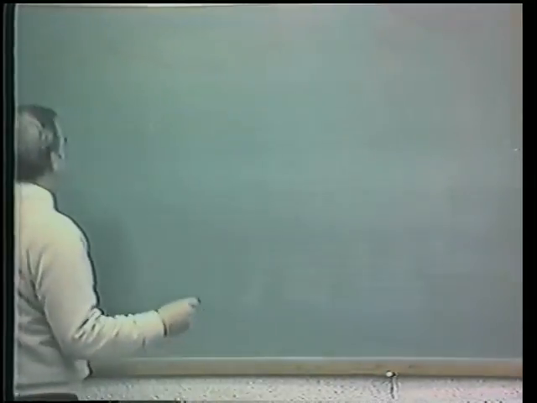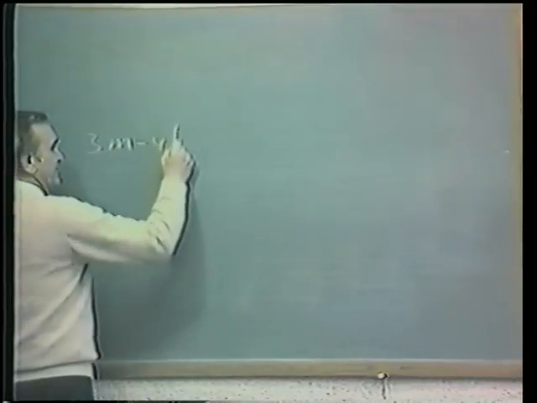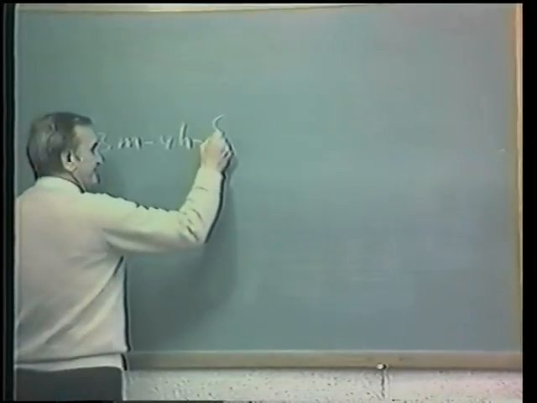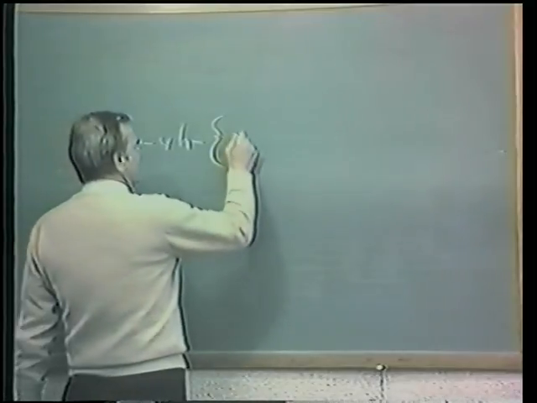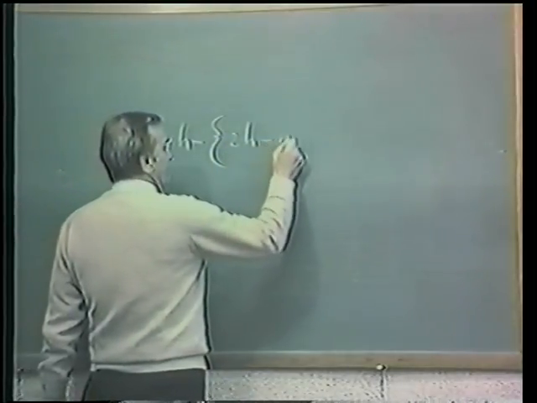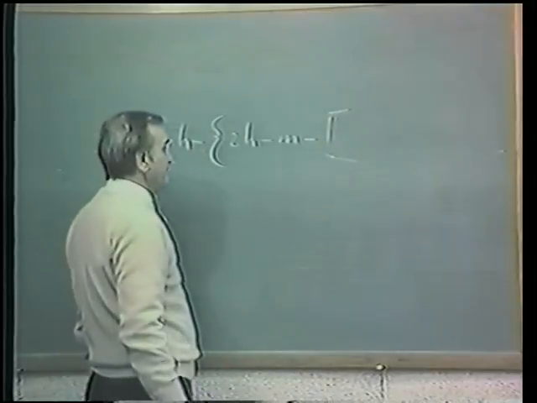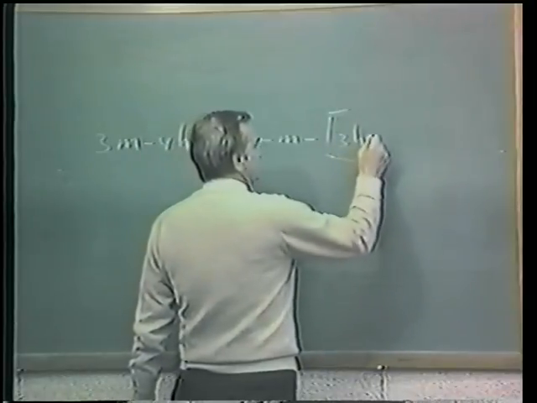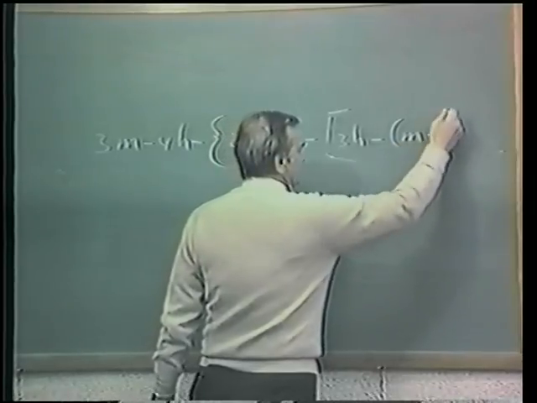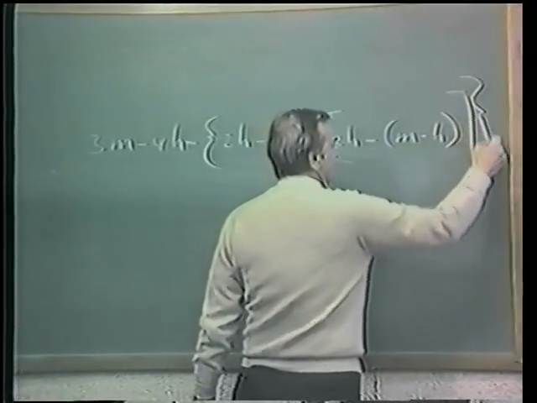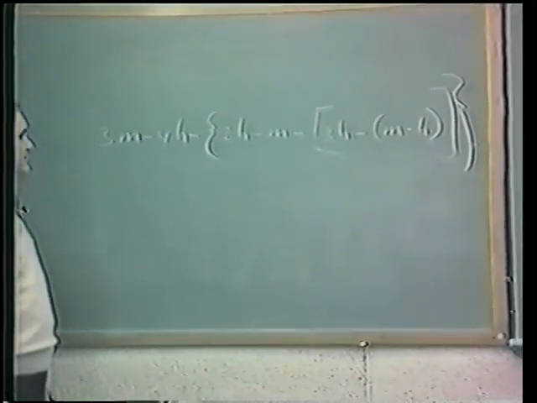Here we go. Let's suppose I have 3m minus 4h minus curly brace, 2h minus m minus bracket, 3h minus parenthesis, m minus h, in the parenthesis and the bracket and the curly brace.